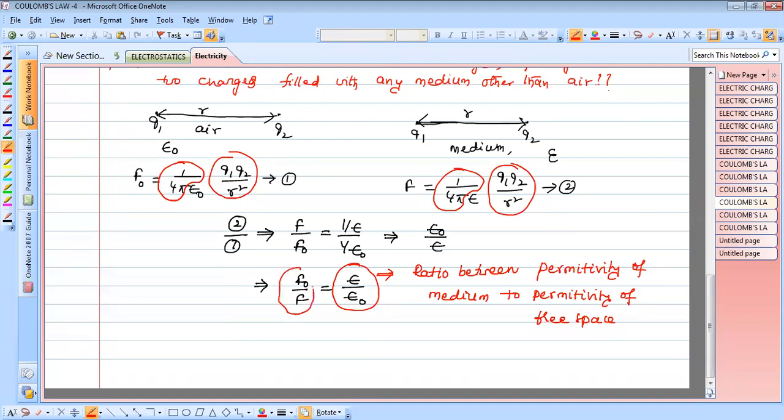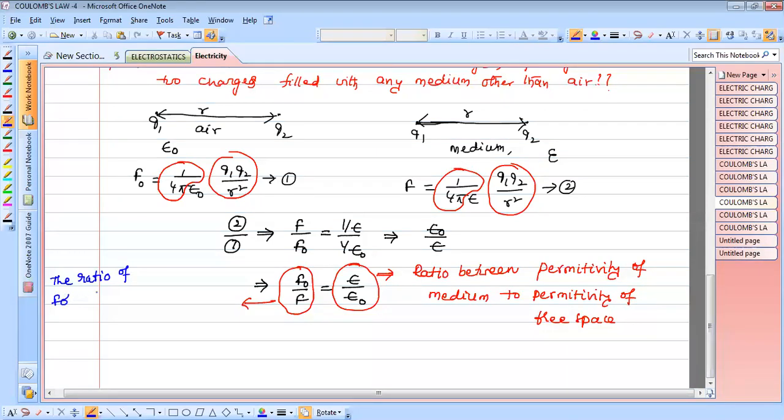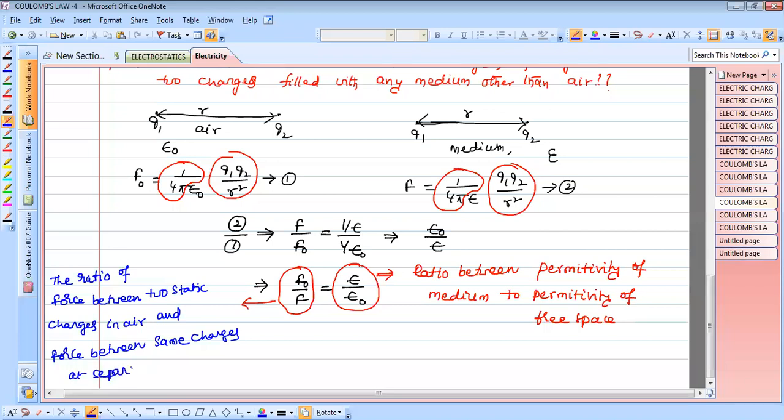It is also the ratio of the force between two static charges in air and the force between the same charges at the same separation in the medium. The separation is the same in both cases.